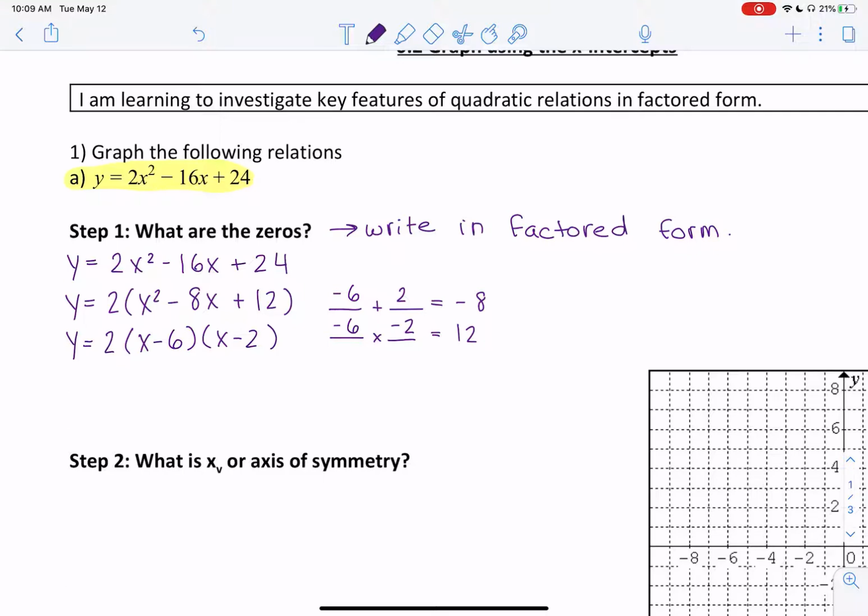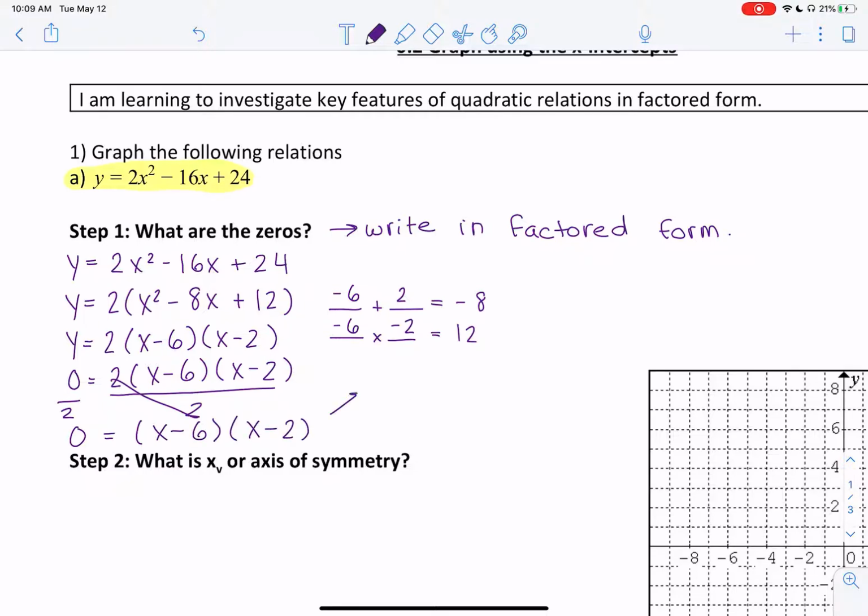Now to find the zeros, we're going to follow our steps from yesterday. So I first set the equation equal to 0. The whole thing is multiplied by 2, so I'm just going to divide out that 2 on either side. So now we have 0 equals x minus 6, x minus 2, and now we can set both of those brackets equal to 0.